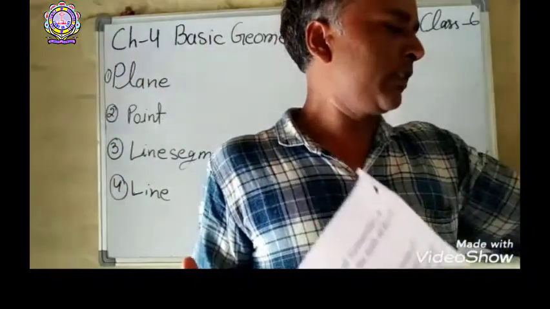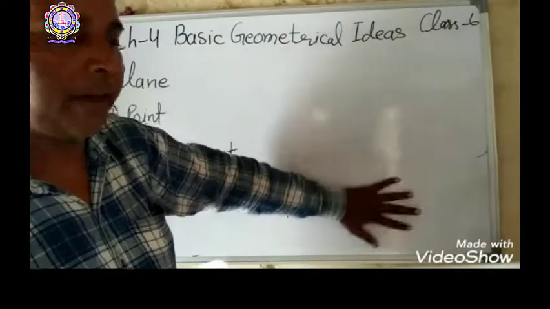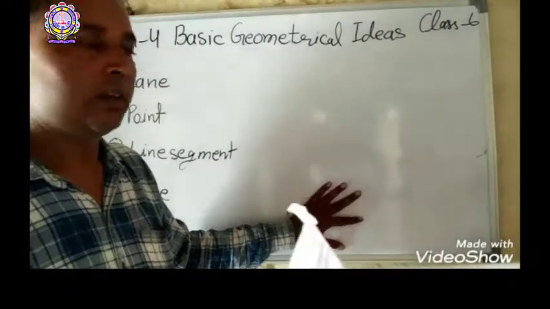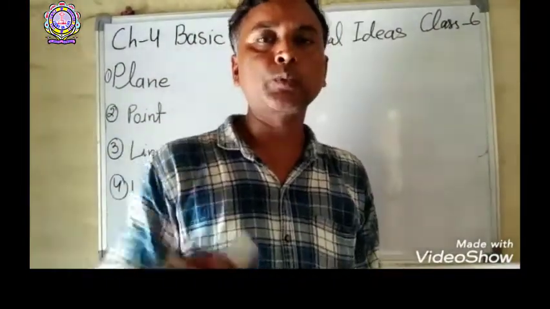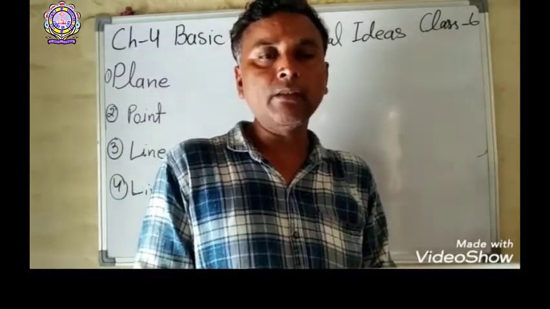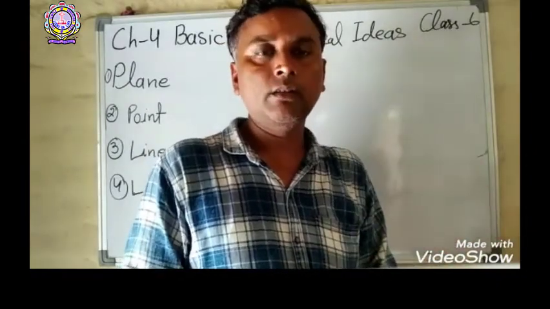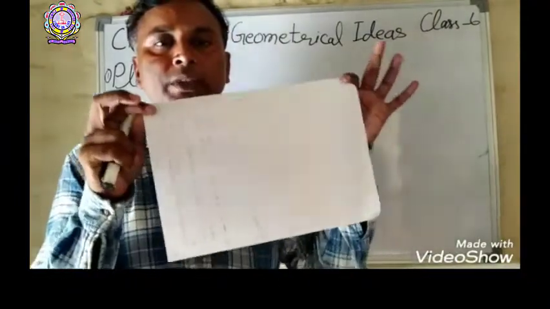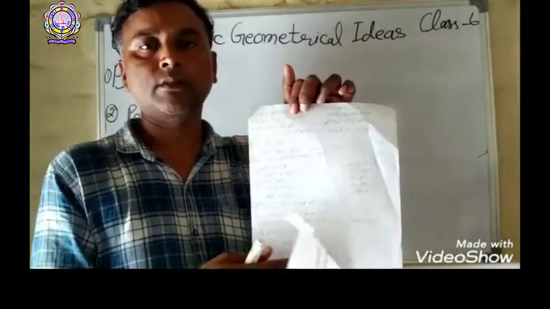From the things around you, the sunmica of the whiteboard is also a plane. Walls of rooms and floors of rooms are examples of planes around us. The surface of the table is a plane. And the sheet of paper you are watching is also a plane.